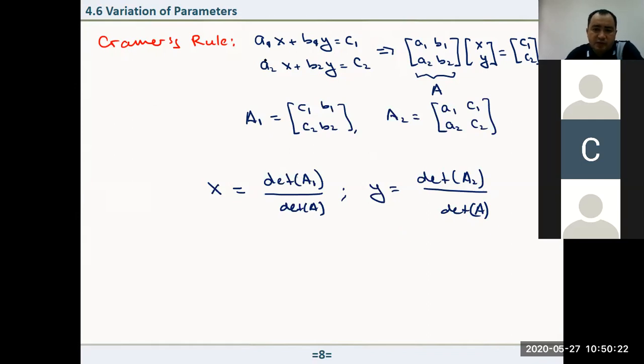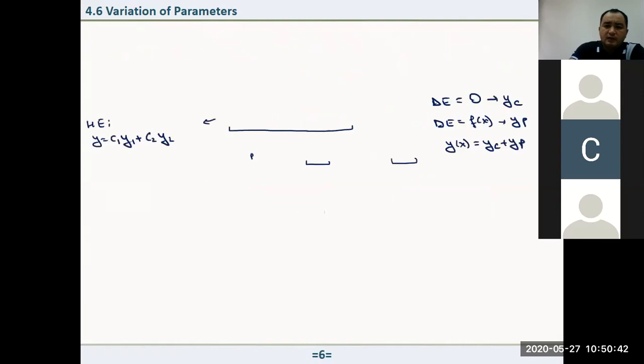If it is 3 variables and 3 equations, or 4 variables and 4 equations, the same idea. A sub 1 means we're just replacing the first column by this, A sub 2 the second column, A sub 3 the third column by this. Okay, so that is Cramer's rule.